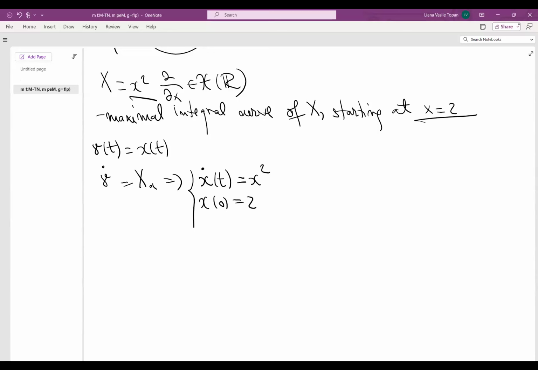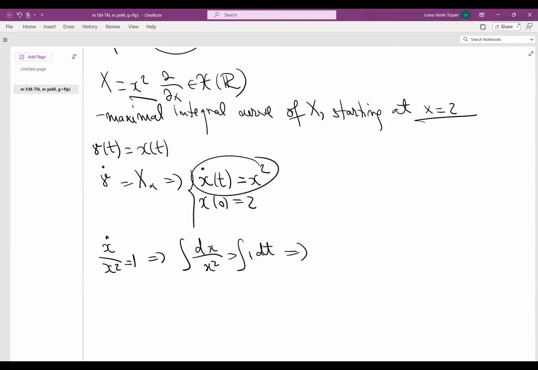Okay, so let's see what we get here. We have x dot over x squared equal to 1. So you integrate, so that's the integral of dx over x squared is the integral of 1 dt, right? So this is negative 1 over x, and this is t plus c.